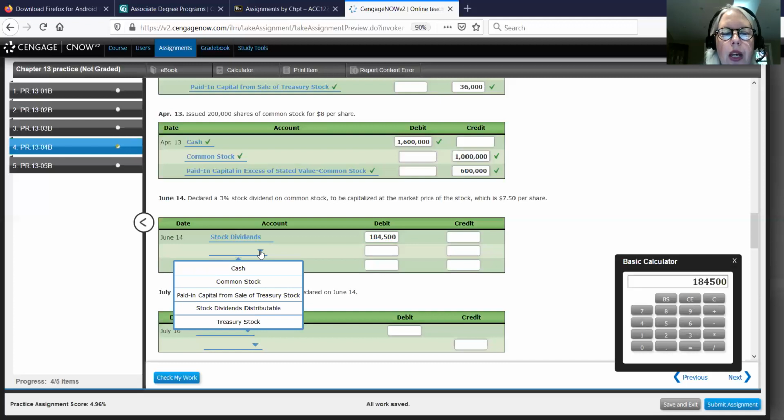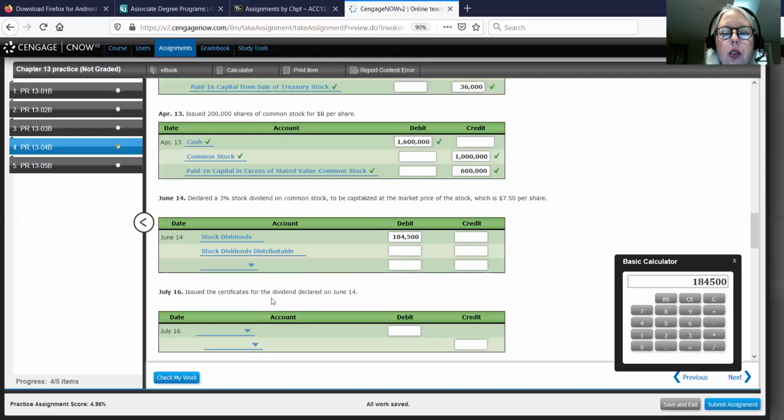So I'm going to select my stock dividend distributable account. That's an equity account that would be credited because we're increasing the stocks that we are going to distribute in a future date. It's kind of like a liability account, but they actually call it a stockholders' equity account because it would end up on the balance sheet in stockholders' equity at the end of the accounting period if there's a balance left in it.